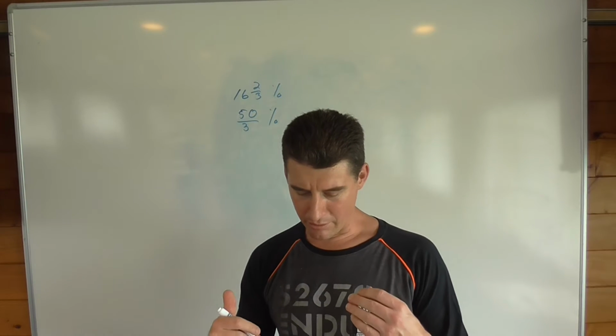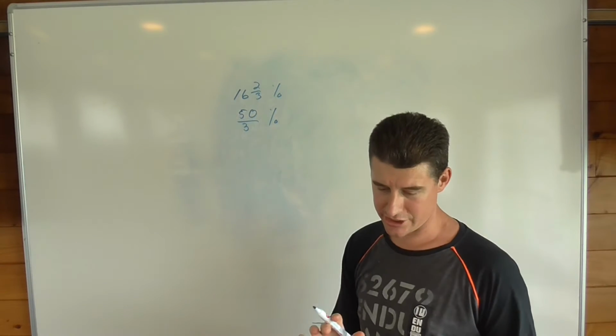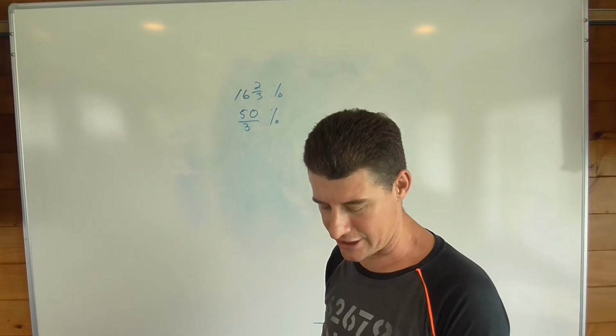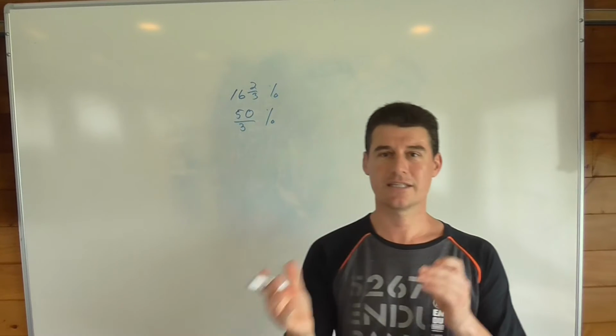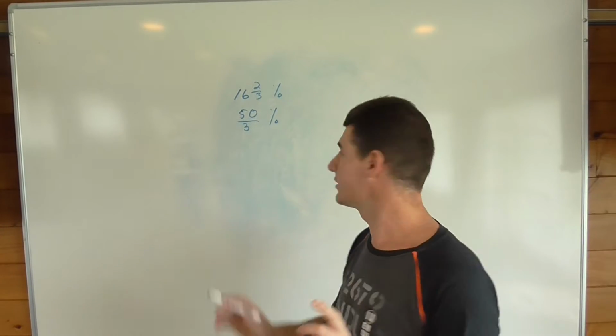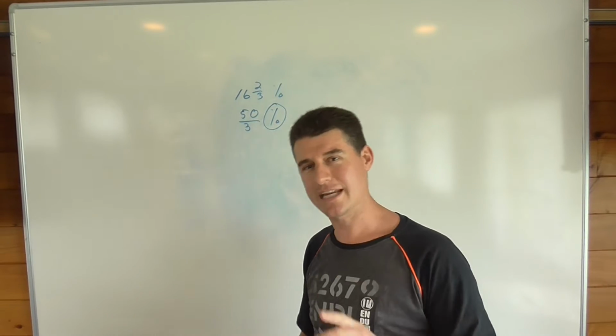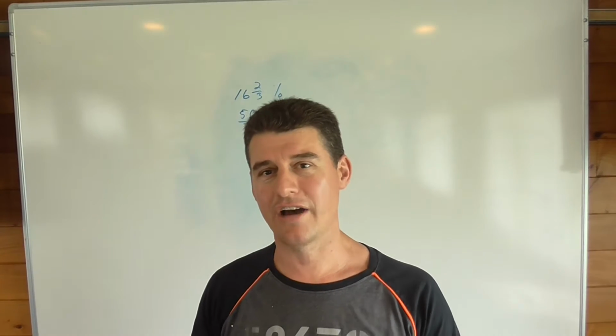Now, we are supposed to be converting a percentage into a decimal or a fraction. So this is a percentage. What is the one thing that we've learned about a percentage? Remember, a percentage is something that's out of 100.